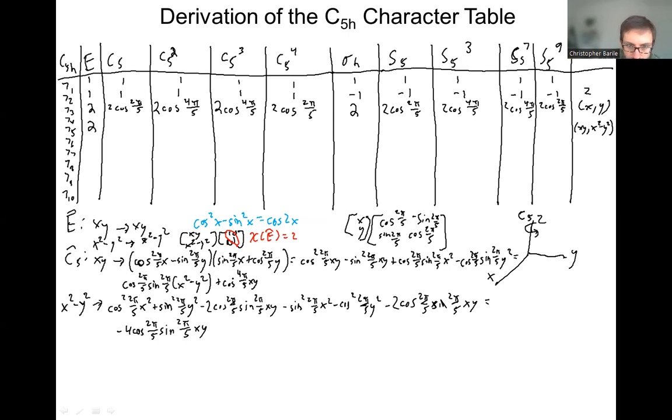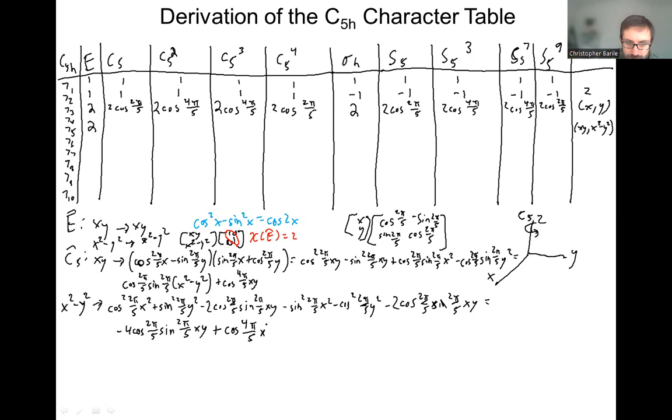We're going to use this cosine squared x minus sine squared x equals cosine 2x relationship. Cosine squared 2 pi over 5 minus sine squared 2 pi over 5. There it is. That's the x squared component. So that's going to simplify into cosine 4 pi over 5, so plus cosine 2 times our x value there, cosine 4 pi over 5. That was for x squared.